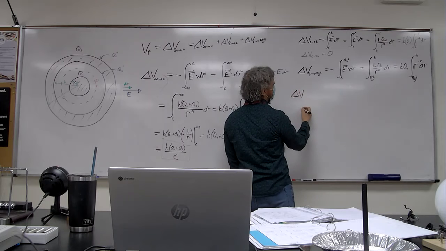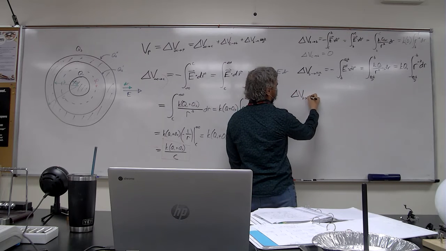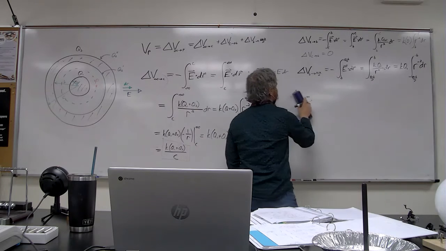So the potential difference then from B to A plus B over 2, well, I guess I'm just continuing.